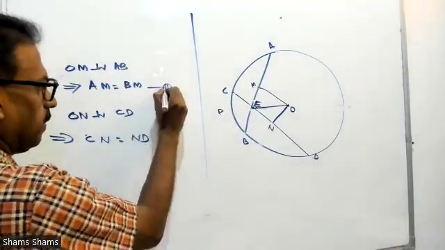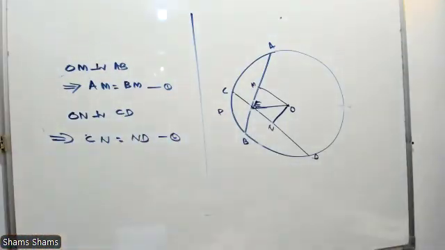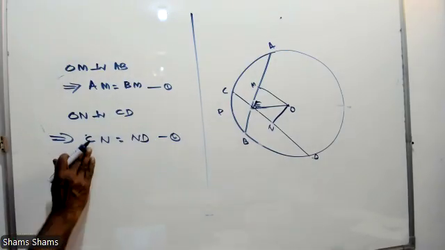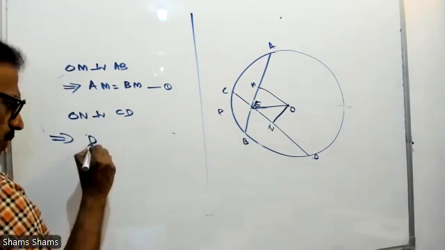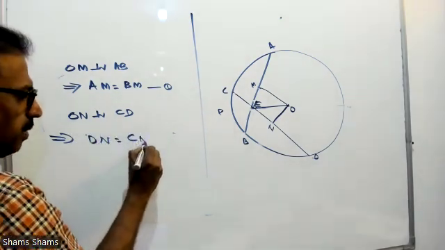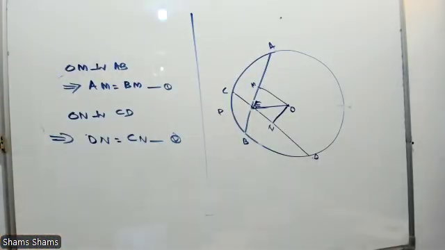This is number one. DN equal to CN, no problem.